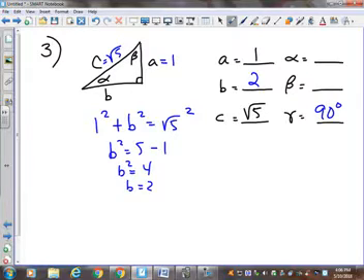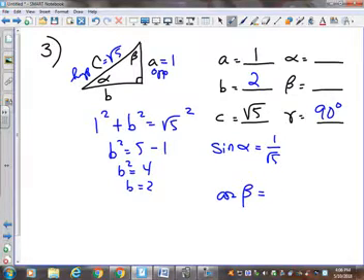So A is across from alpha, so this is opposite, and C is the hypotenuse. And we just discussed in the last question that sine is opposite over hypotenuse. So the sine of alpha is equal to 1 over the square root of 5, which means the cosine of beta is equal to 1 over the square root of 5.